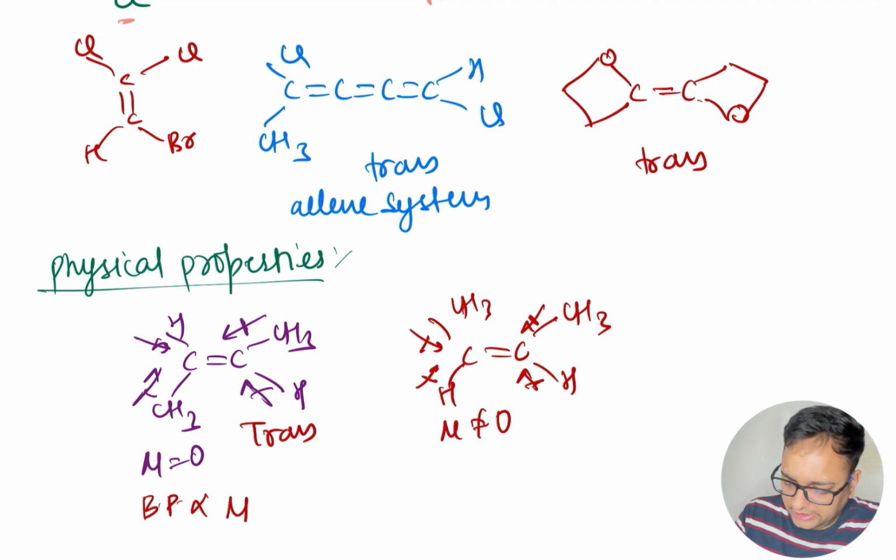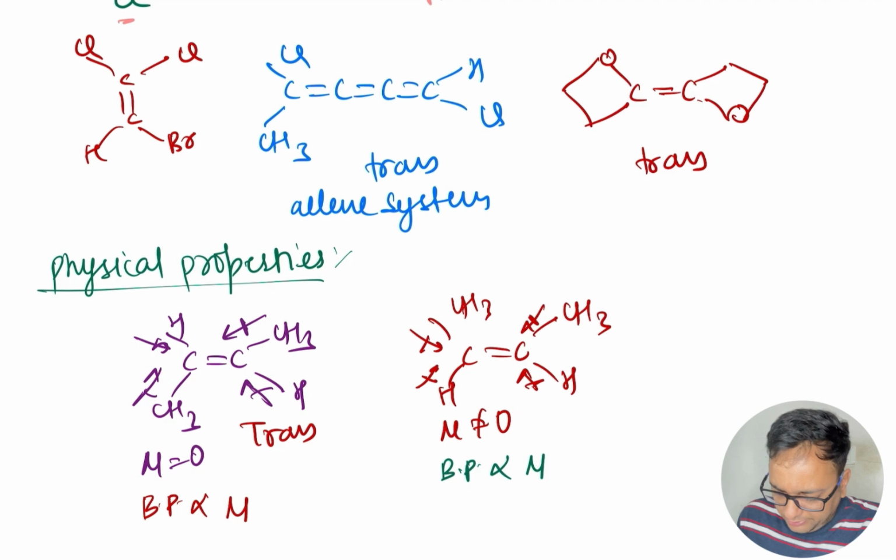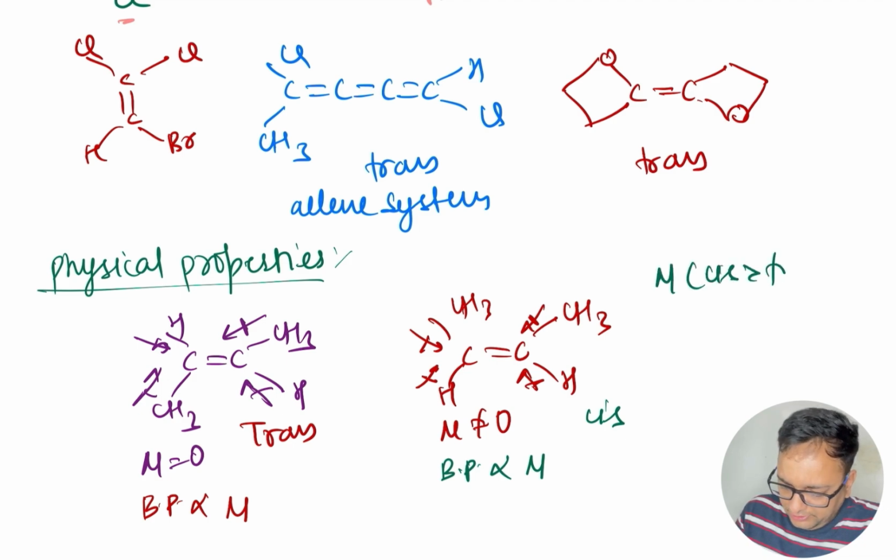We are not calculating the direction, but we know that the net vectors of these two and these two are not equal. So there must be a net dipole moment. So boiling point is directly proportional to mu. So mu of cis is greater than trans, and so the boiling point of cis will be greater than trans.